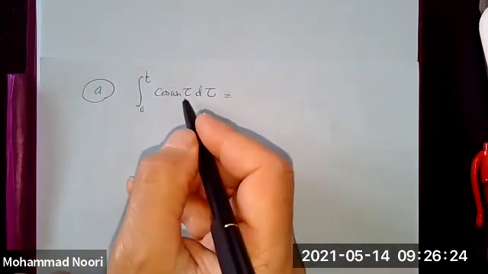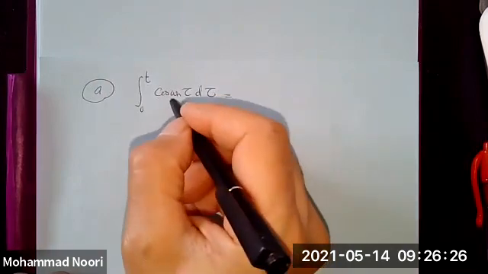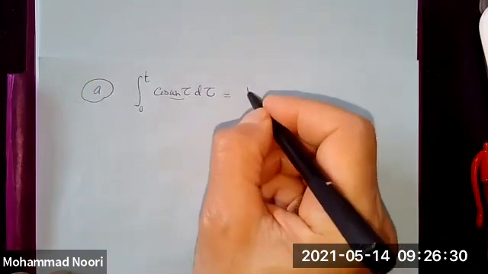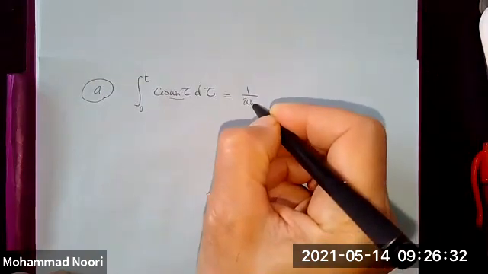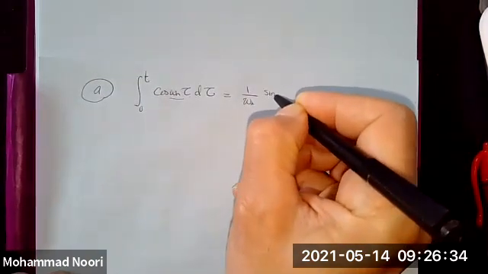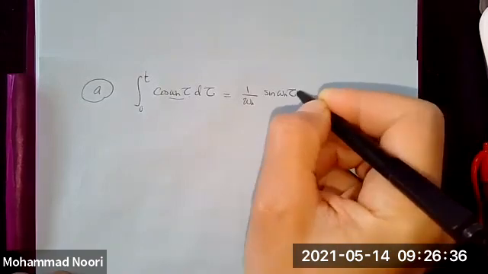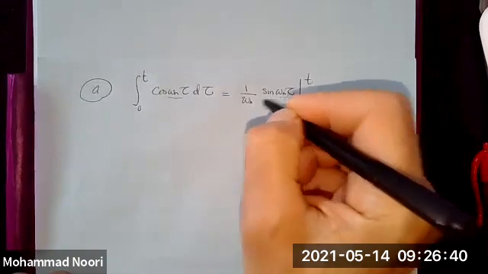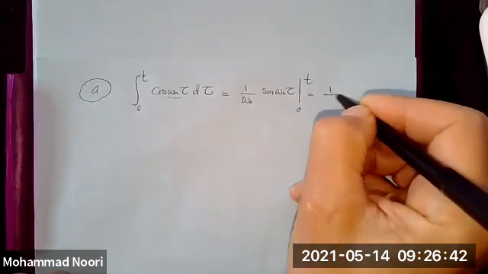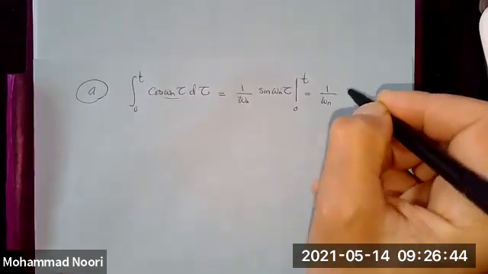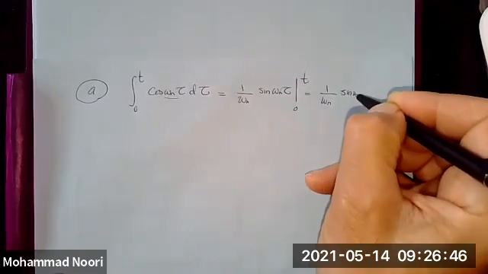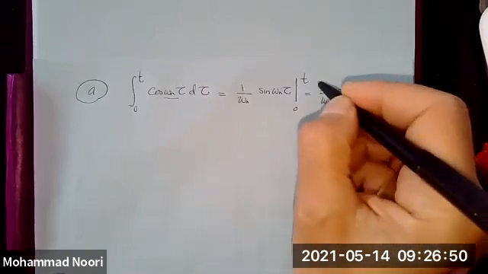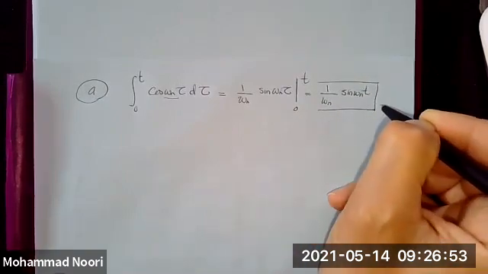The integral of cosine of a constant times tau is 1 over that constant times sine of omega n tau, evaluated from 0 to t. Substitute for t, this would be 1 over omega n sine omega n t. Sine of 0 is 0. So that's A.